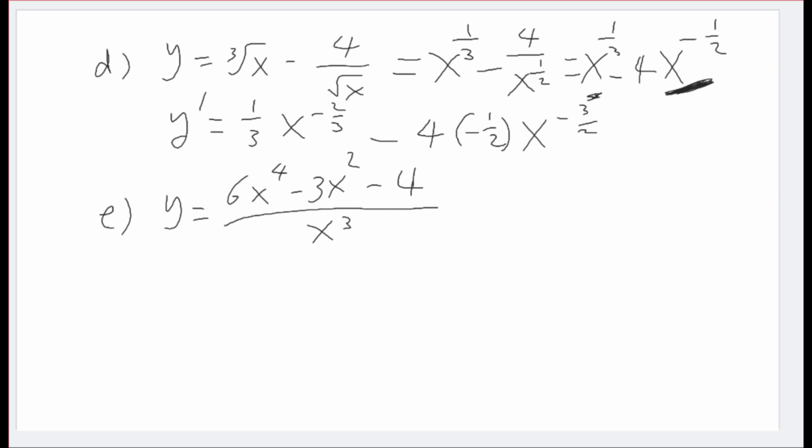You could multiply and simplify the numbers, like 4 times negative half is negative 2. Actually, the powers, you don't need to put them on the bottom. All right, so as far as differentiation is concerned, we're done. This is good enough.